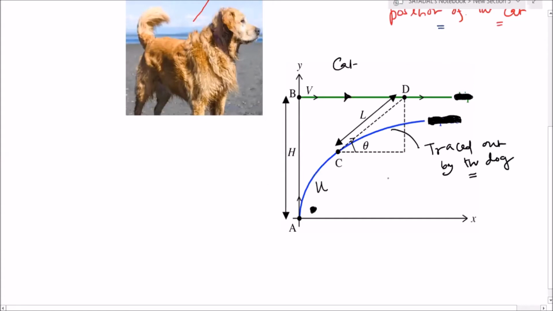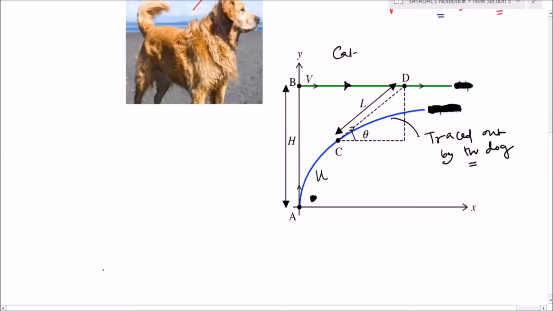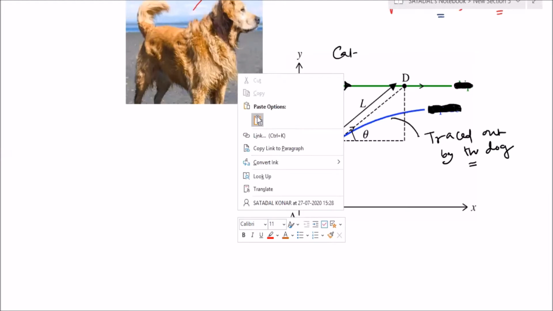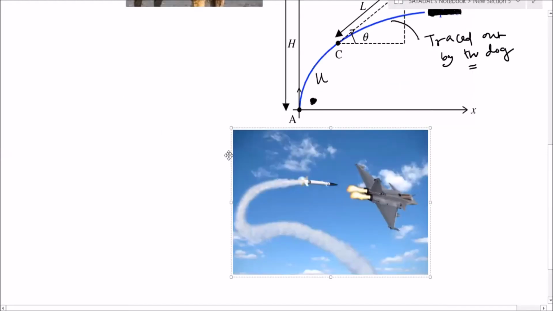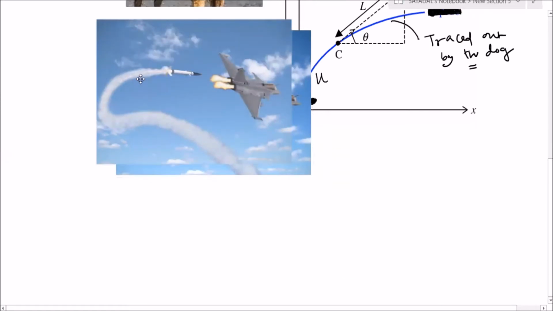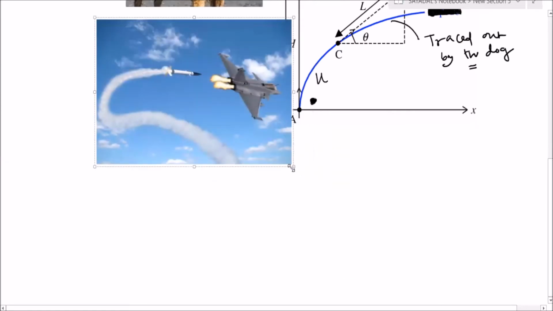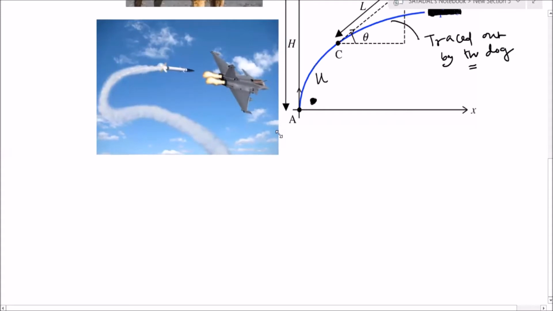If anybody is still having the problem to understand how this thing is happening, I don't have any other picture to make you understand. Okay, I will take this one too. I think this will give a clear indication. Exactly this thing happens.